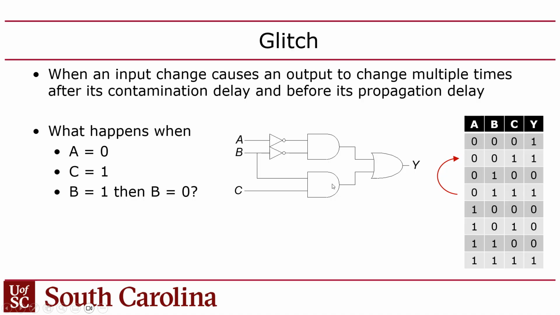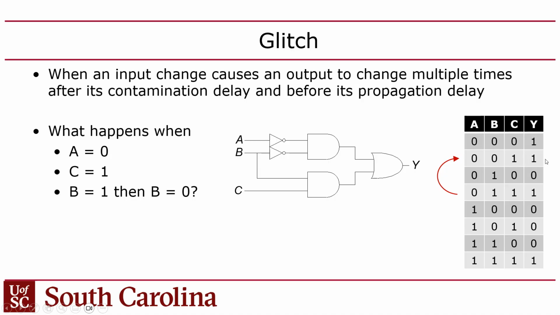And if you set B to 0, it'll set this top AND gate to 1 and the other one to 0. So what ends up happening is if A is 0 and C is 1, you set up this situation where if you change B from 1 to 0, you'll switch from this row of the truth table, right, 0, 1, 1, which gives an output of 1, to this row of the truth table, which is 0, 0, 1 with an output of 1.